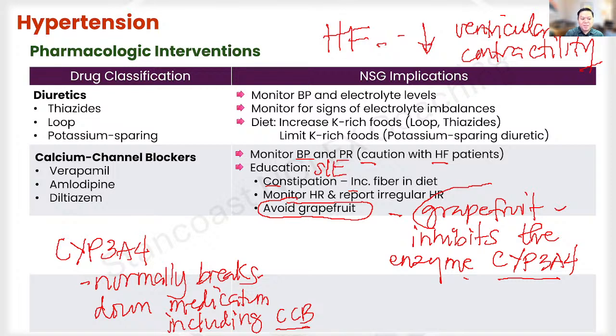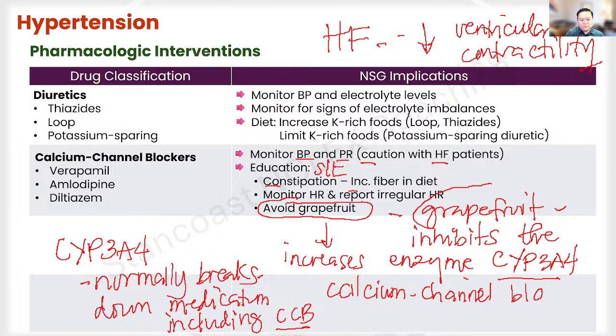Okay, again, if the person keeps taking the grapefruit while the patient takes the calcium channel blockers, this can lead to increased calcium channel blocker levels in the bloodstream. So this will be kind of like a toxic effect to the body.